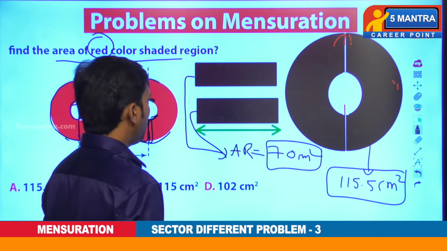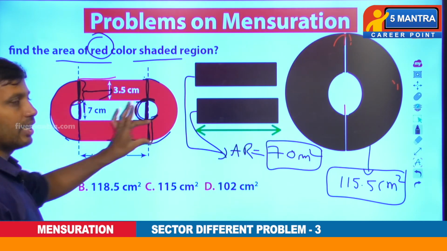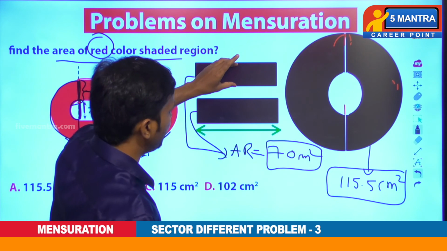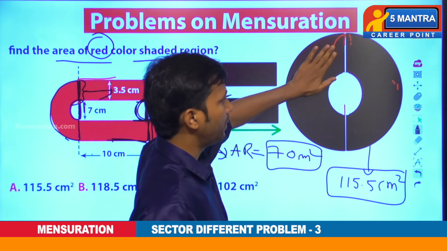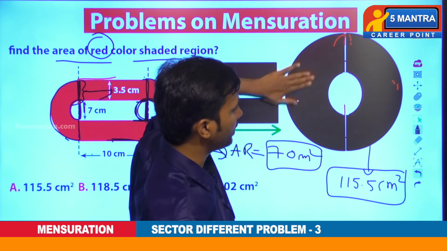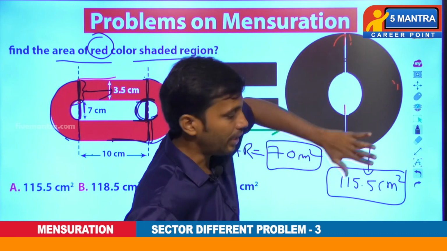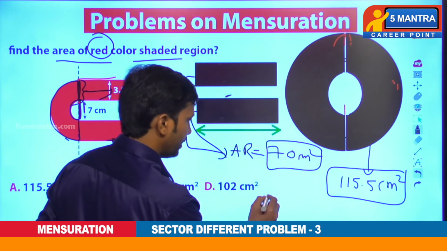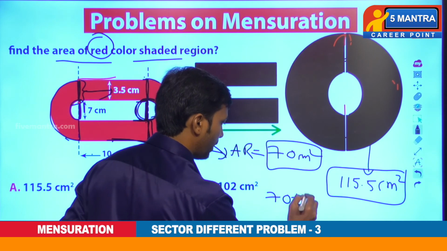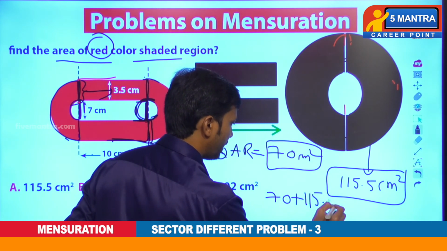Now, to get this entire colored part, we need to add this area plus this area plus this entire black colored circular ring. Add them all. What do we get? 70 plus 115.5.